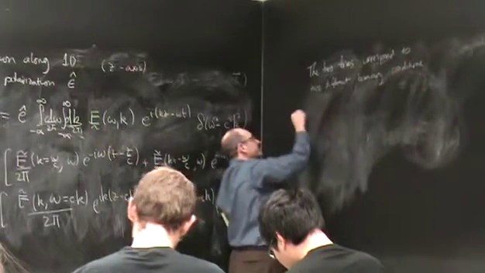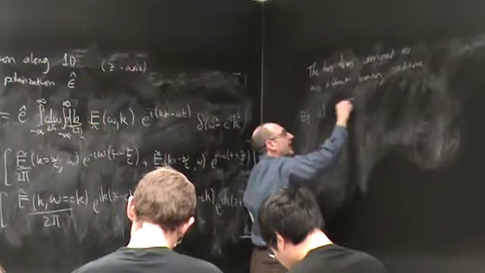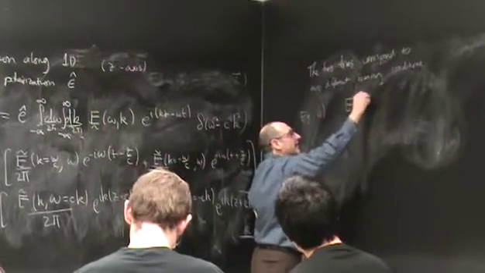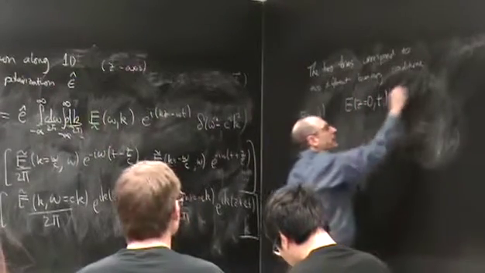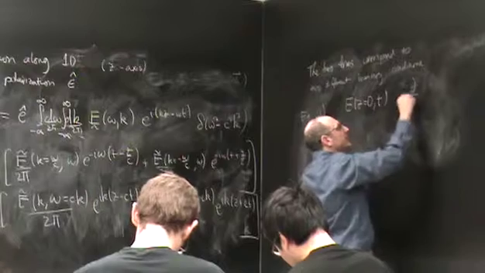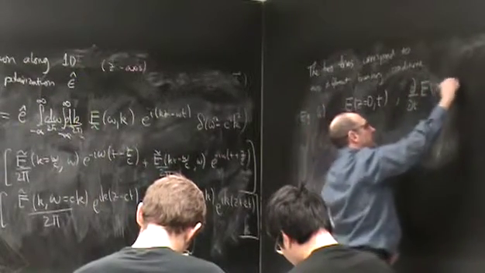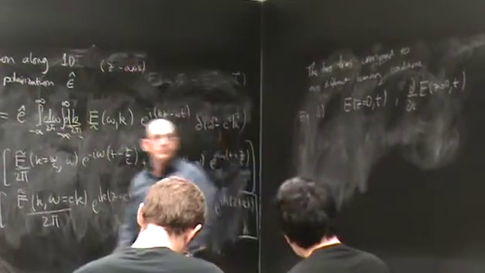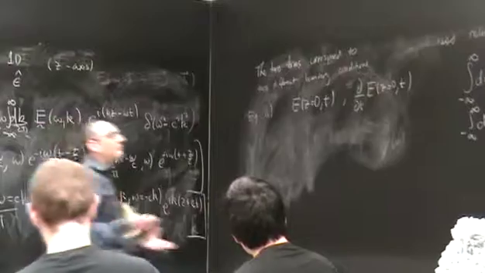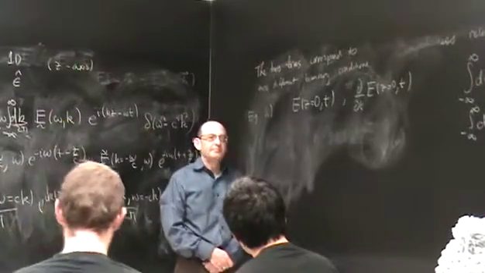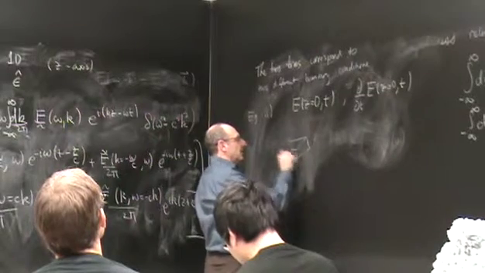For example, in case 1, suppose I'm given the electric field at the z equals 0 point as a function of time. And I'm also given the time derivative of the electric field at z equals 0 as a function of time. So for example, suppose I have a microwave generator. I have this horn that's going to spit out microwaves.